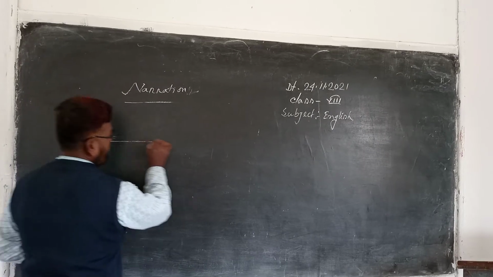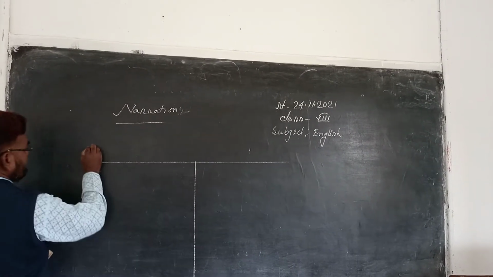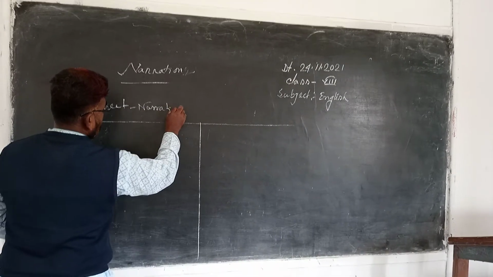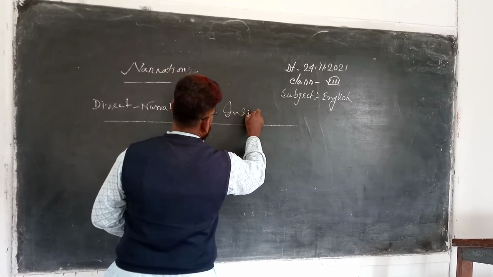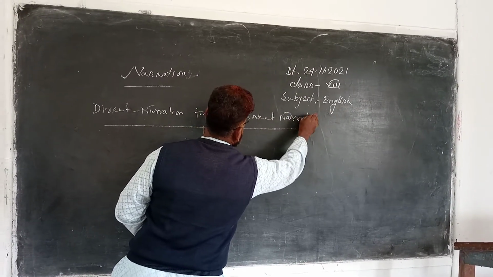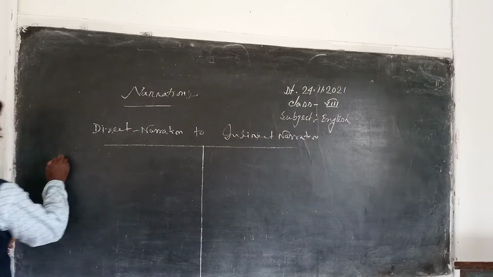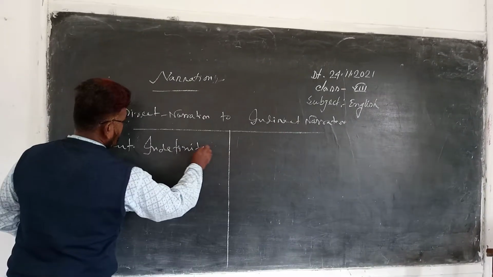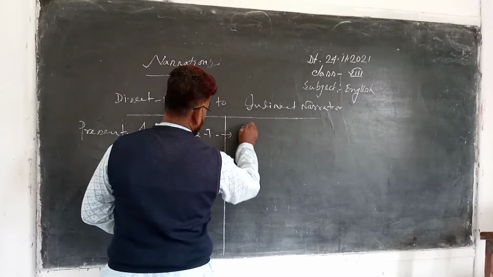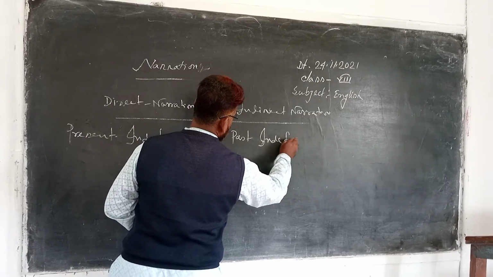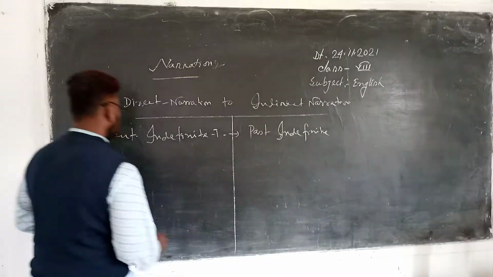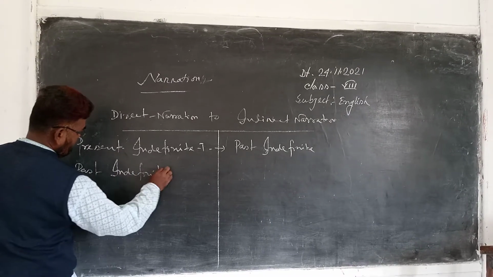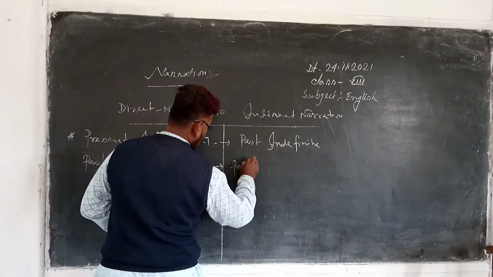So look at the board. Direct narration to indirect: present indefinite tense changes to past indefinite. Next, past indefinite to past perfect.